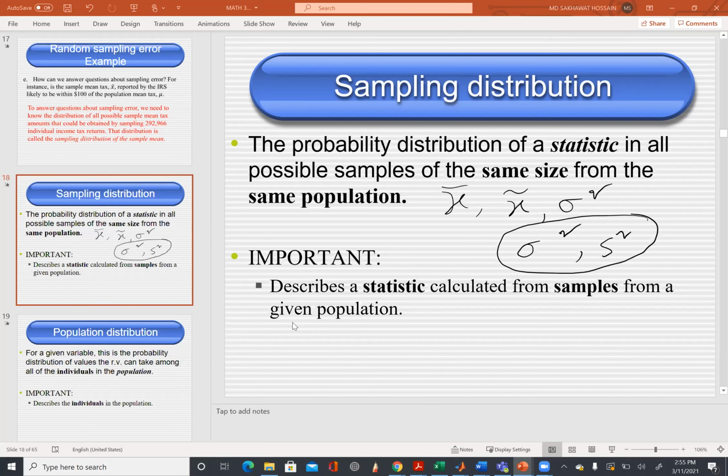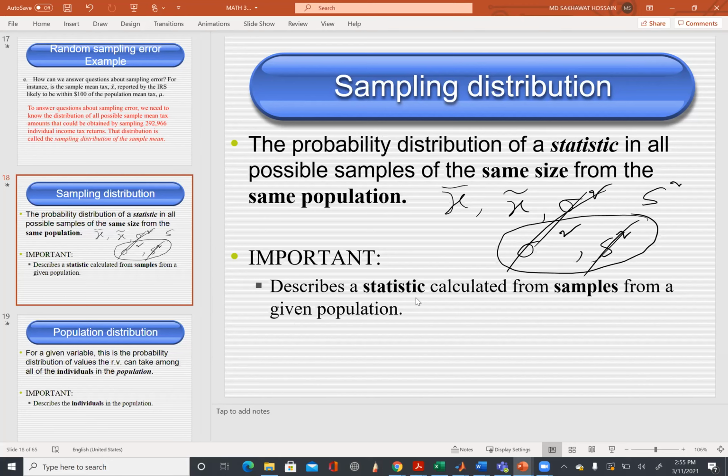S is for sample. Sigma square is for population: mu is the mean for population, and sigma square is the variance for population. So in case of sample variance, we cannot use sigma square.